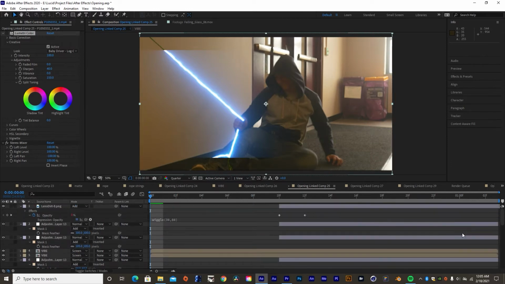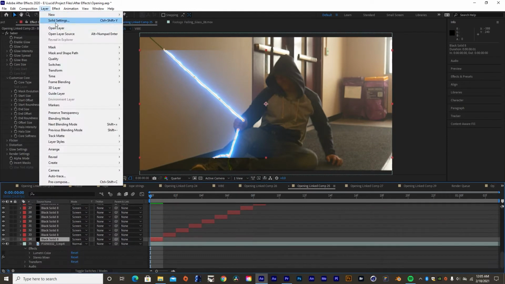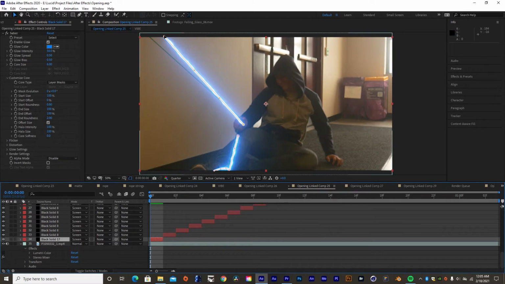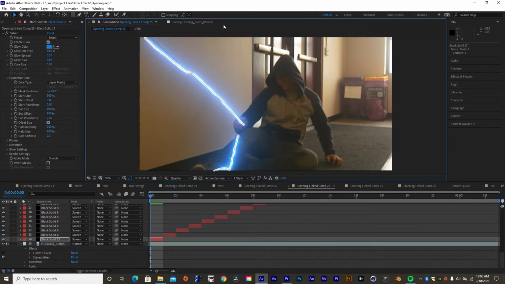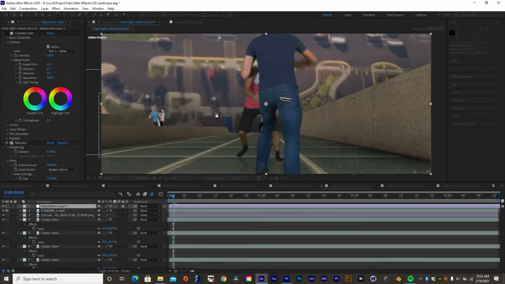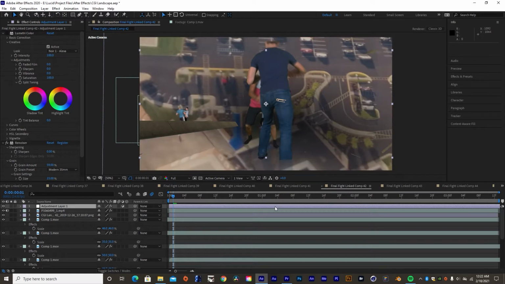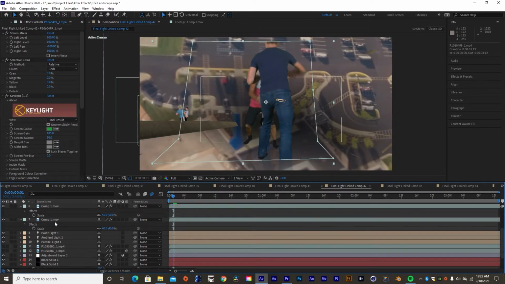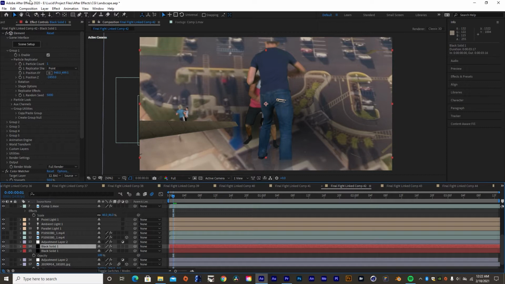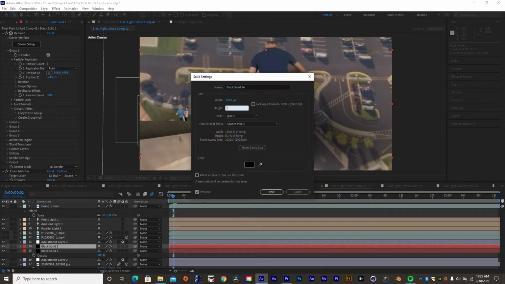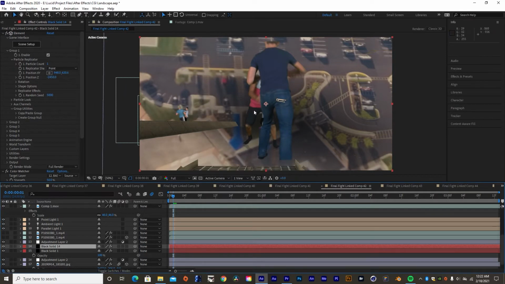So I basically have to go through frame by frame, reanimating the whip, or whenever I have an Element 3D layer, like in the skyscraper scene, I basically have to do all that from scratch all over again. So yeah, it's gonna be a lot more work than I thought it would. I guess I might keep trying, but it's not quite looking good.